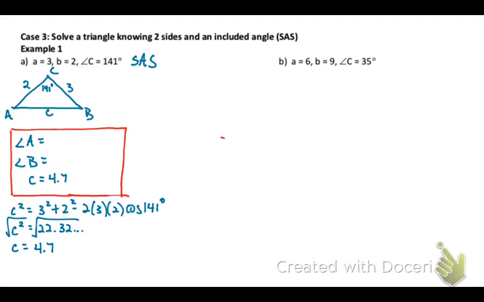Now let's solve for angle A. We're going to use the law of cosines. So we have to start with side A, which is 3 squared equals the other two sides squared added together minus 2 times those side lengths multiplied and then times the cosine of the angle we're looking towards. Now here's a quick way to solve this on your calculator.